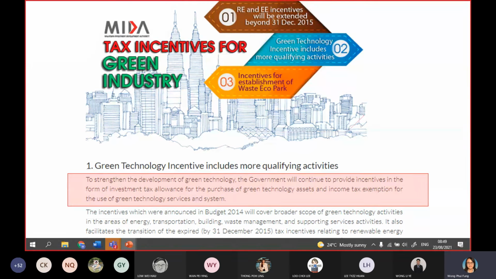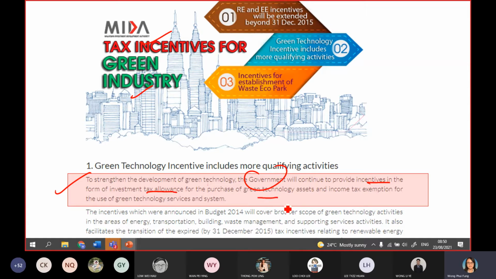In Malaysia, they have this initiative called tax incentive for green industry under MIDA. You can read here, the green technology incentive includes some of these. To strengthen the development of green technology, the government will continue to provide incentives in the form of tax allowance.